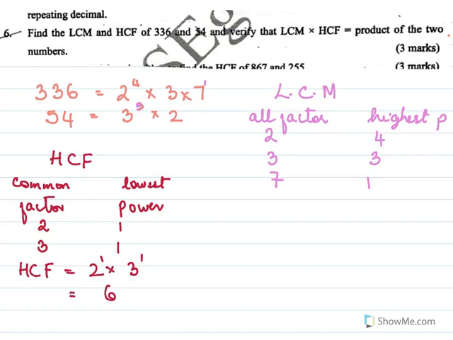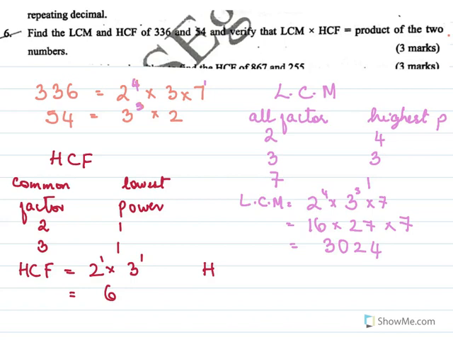So LCM is 2 raised to 4, 3 raised to 3 into 7. 2 raised to 4 is 16 into 27 into 7. And when you multiply this, you get 3024.